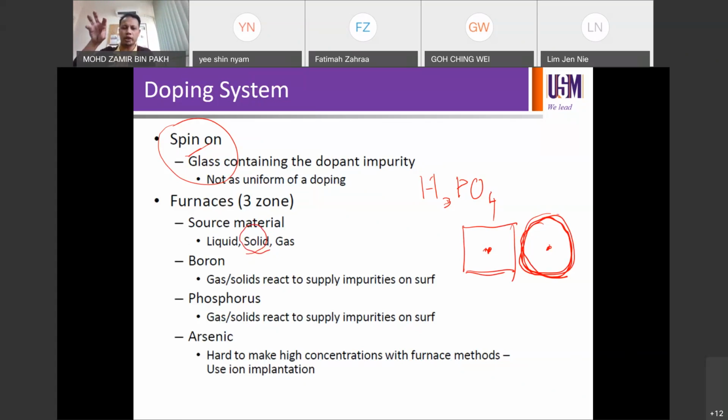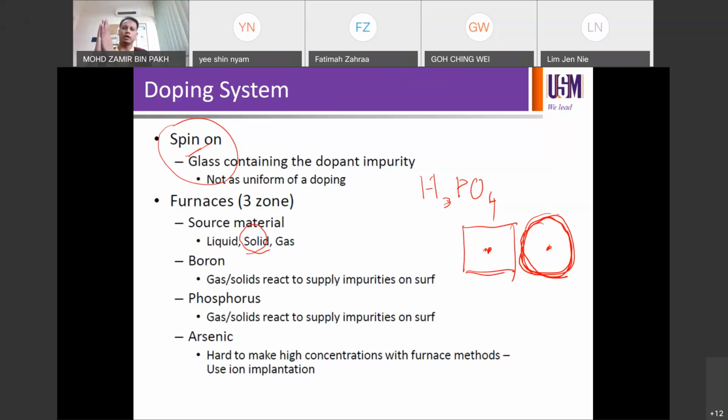It's about 2 or 3 inches in diameter, white in color. You can either have a phosphorus source or a boron source, or some other dopant source in the form of a disc. So solid source dopant in the form of a disc, like a wafer.